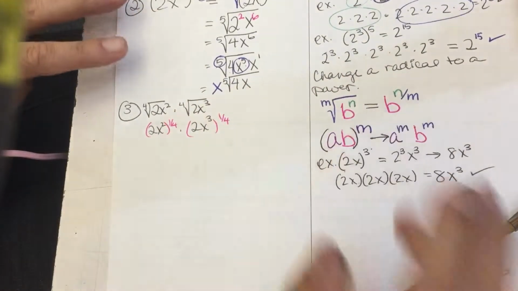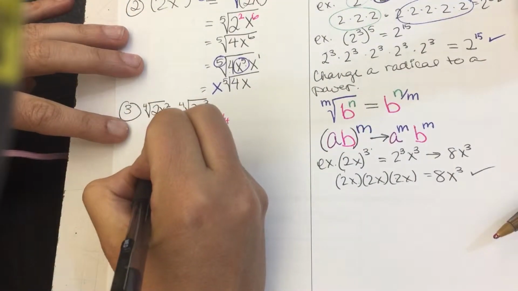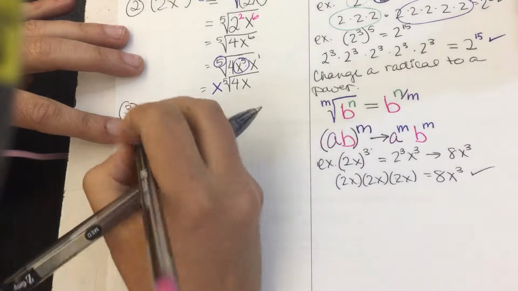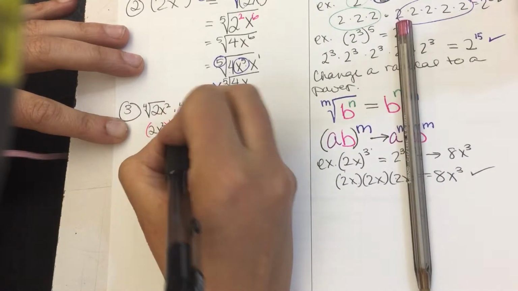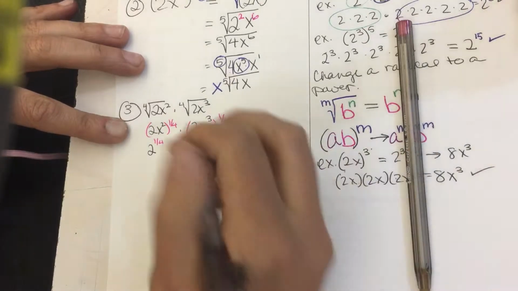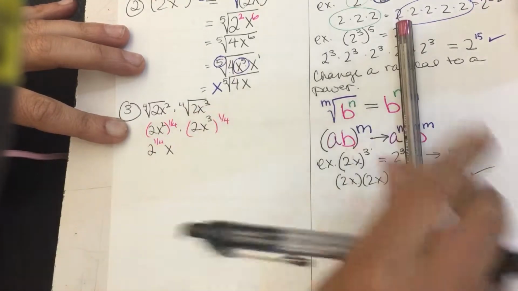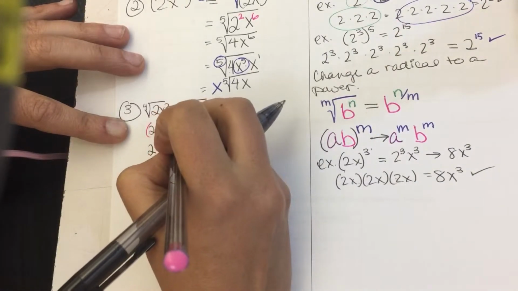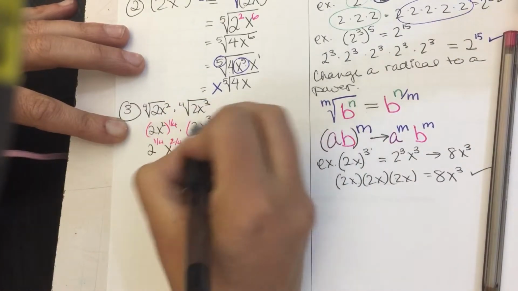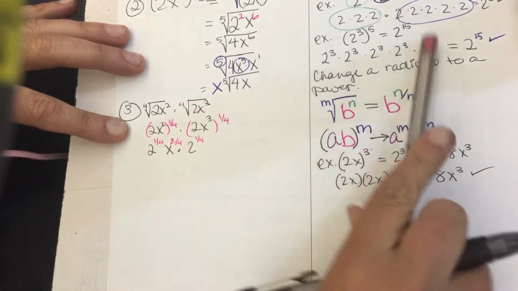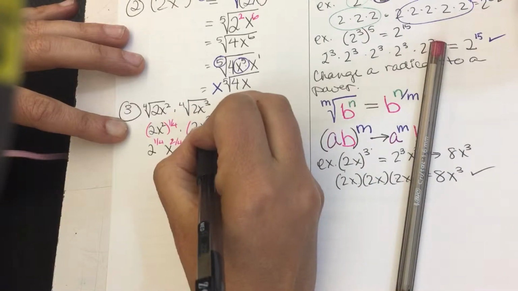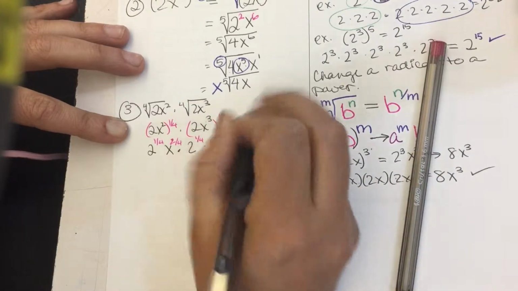Okay, then I can distribute my powers, so I'd have 2 to the 1/4 and x to the 2 over 4 times 2 to the 1/4 times x to the 3 over 4.